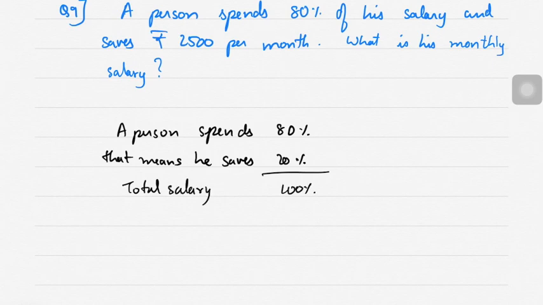That is not a doubt, correct? So if he saves 20%, that is rupees 2500 per month. So how much is his monthly salary?